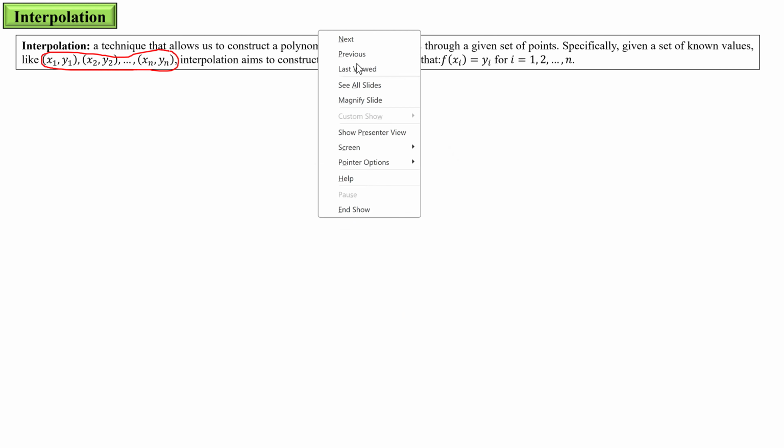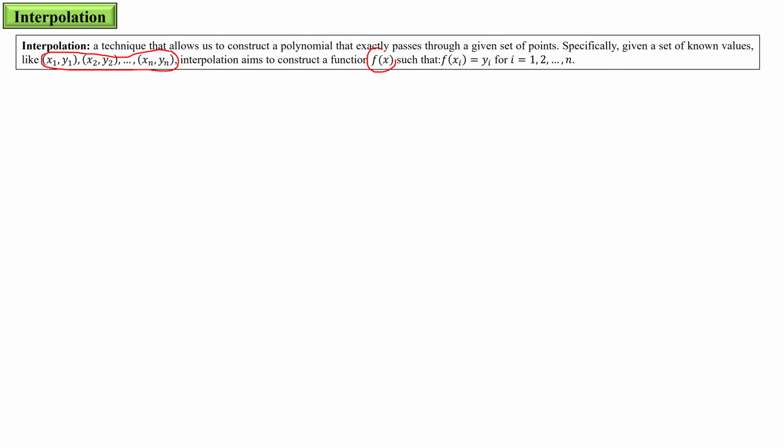Now we want to construct a polynomial f of x in a way that f of x1 equals y1, f of x2 equals y2, and in general, f of xi equals yi.